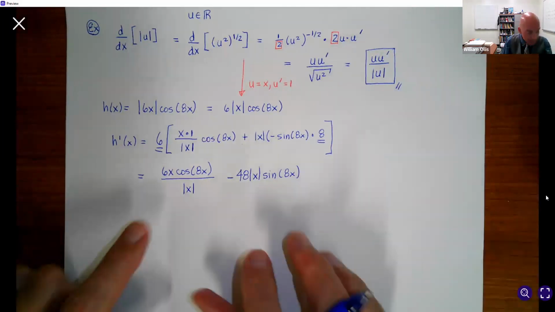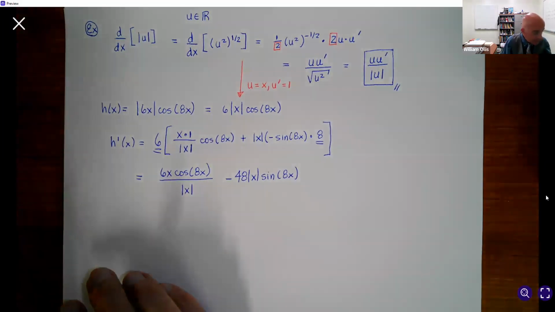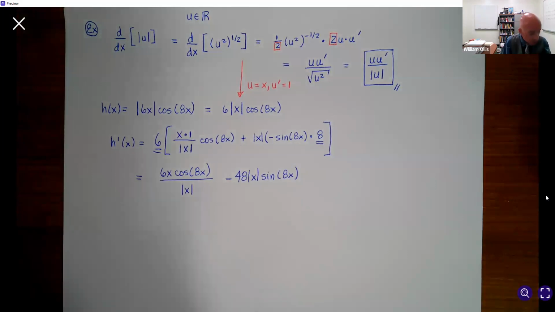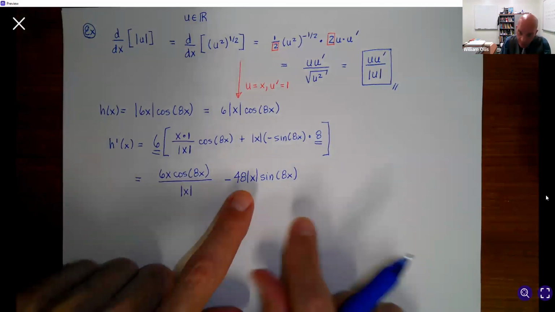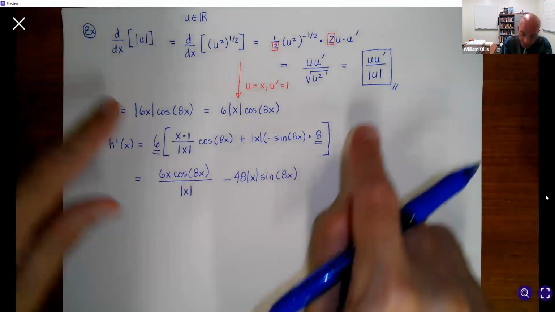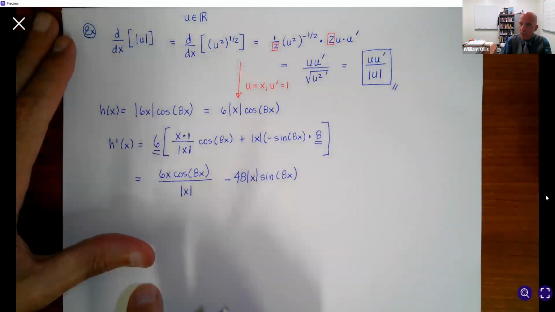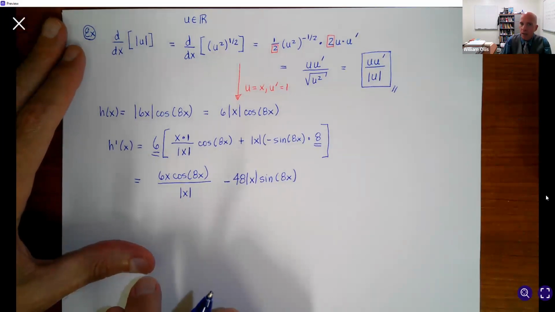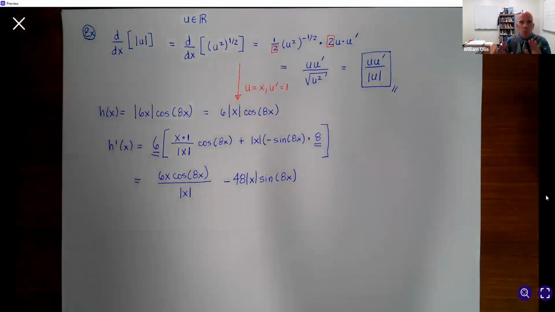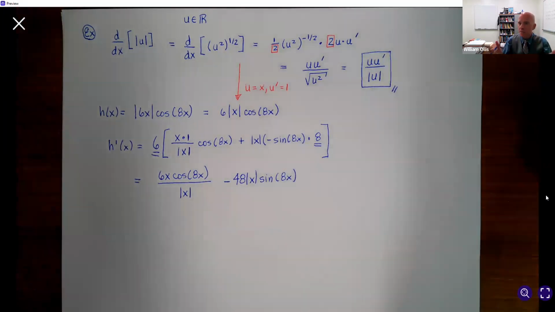So now when you look at this, and this is in comparison to what you were asked to do in your homework, we see that maybe this is a formula that's good to know. You don't necessarily want to have to rederive it, unless it's just a very simple example.